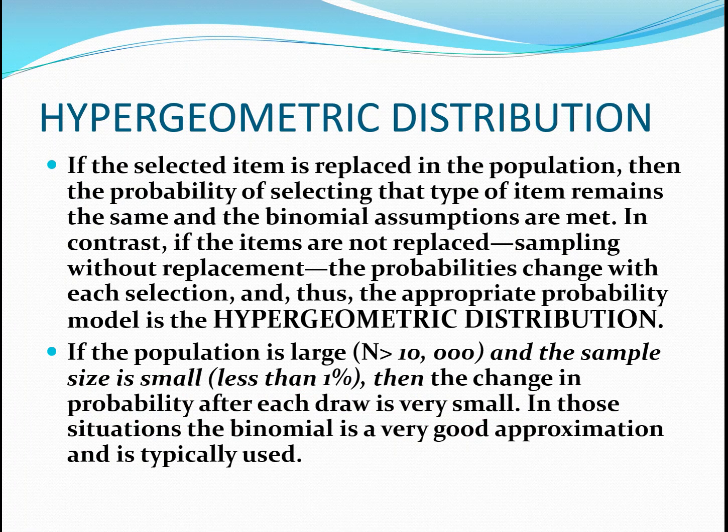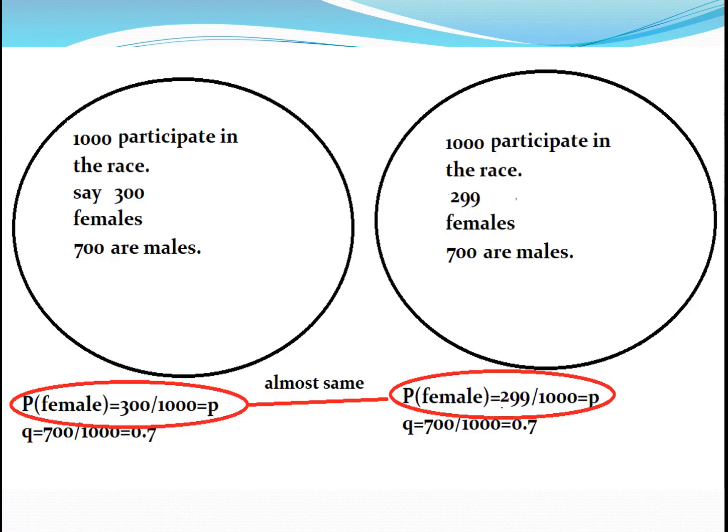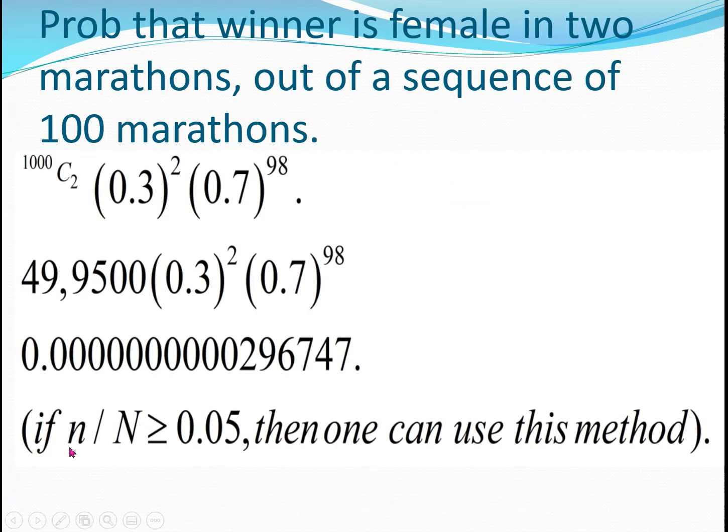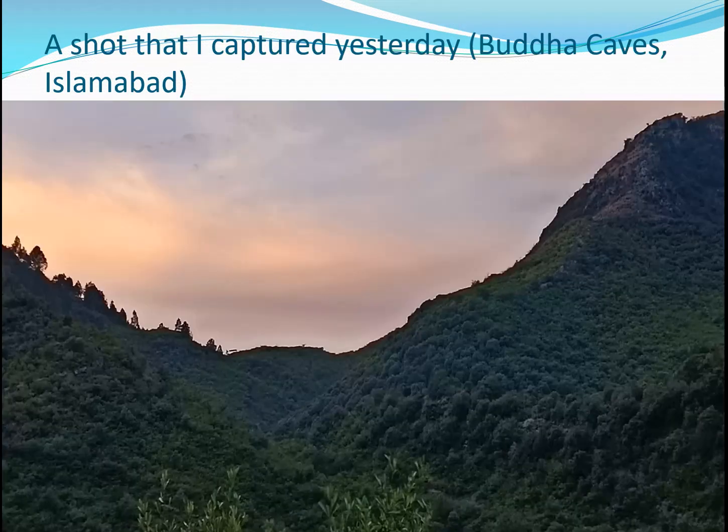So as a rule of thumb, whenever the sample size divided by the population size is less than or equal to 0.05, then we can approximate the probability by using the binomial distribution as well. It's not mandatory that you use this approximation, but the legitimacy of this approximation, if you want to use it, is that small n divided by capital N should be within 0.05. So this was about the hypergeometric distribution.